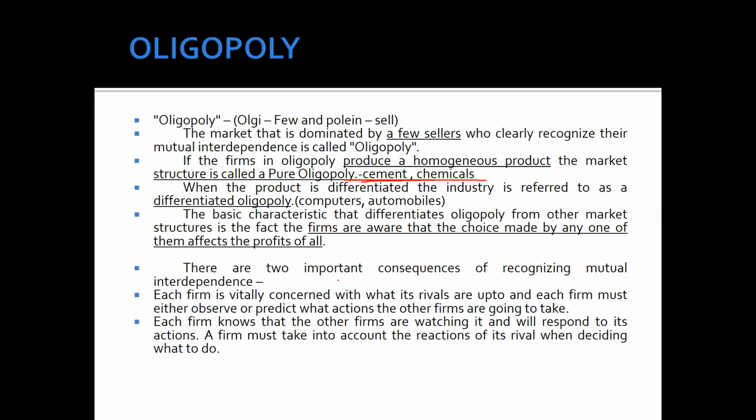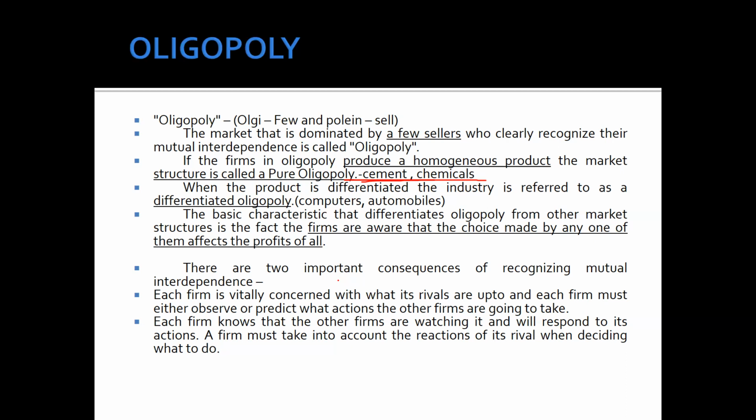Suppose you purchase a car either from Honda or Toyota. The price and features may be almost similar, but the cars are not identical to each other. Their shape and design are not the same. So these are differentiated oligopoly because the product is not identical.